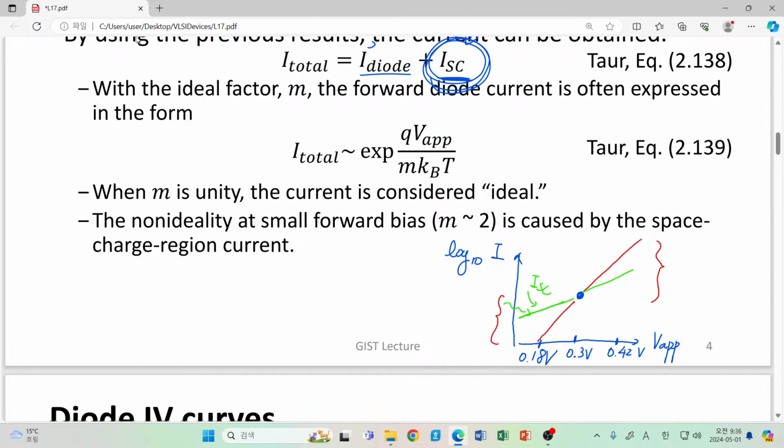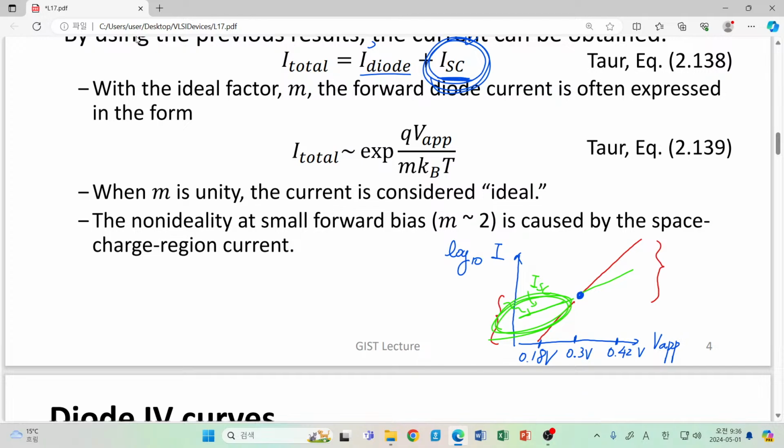We wanted to shut down the device. However, there is some remaining term originating from this net recombination. So we must understand this one.